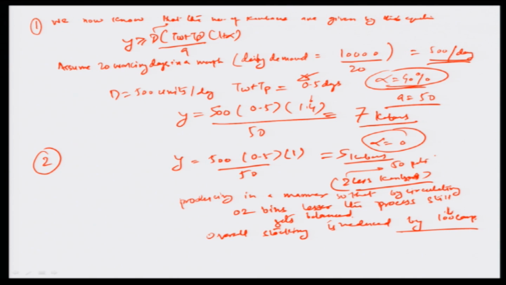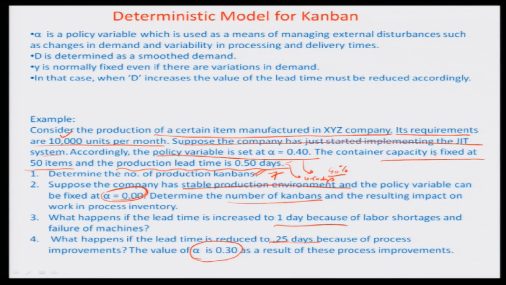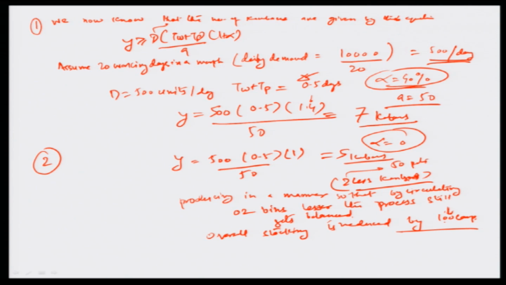The other problem statement that has been given is what would happen if the lead time is increased from half a day to 1 day because of labor shortages and failure of machines, okay. So, in that event you had a policy variable of 40%, let us assume no change in this condition, and you want to balance the number of Kanbans. So, here it will come out to be 500, the demand per day, times the lead time.